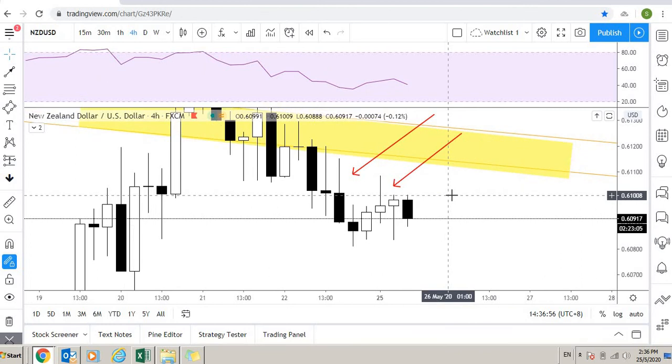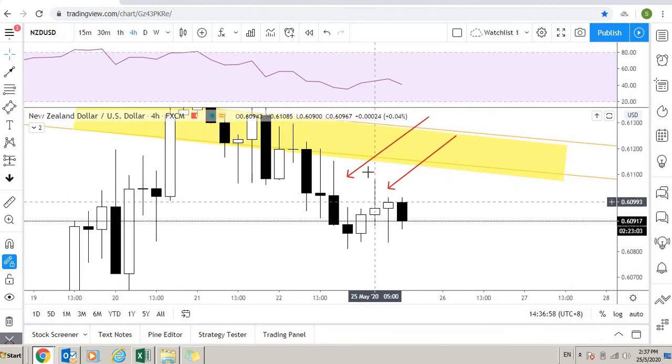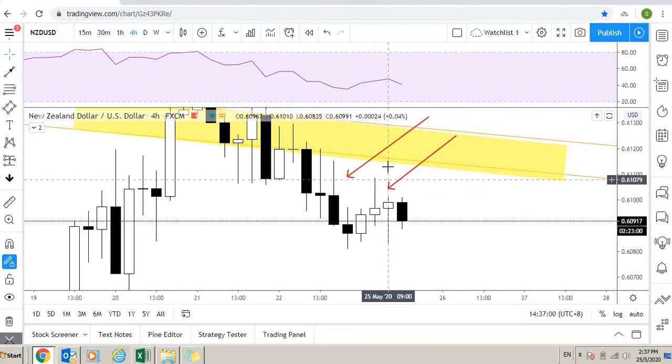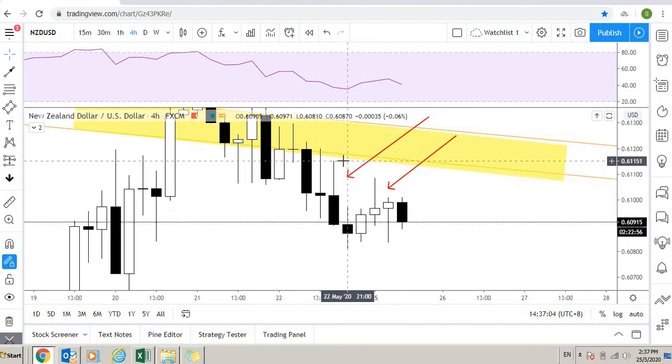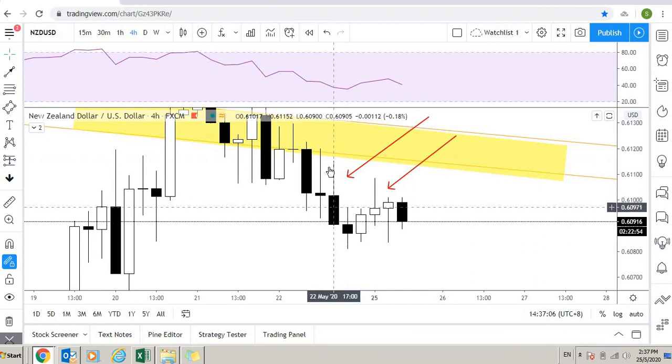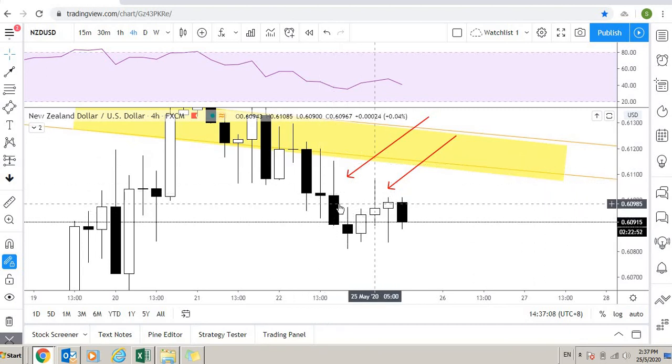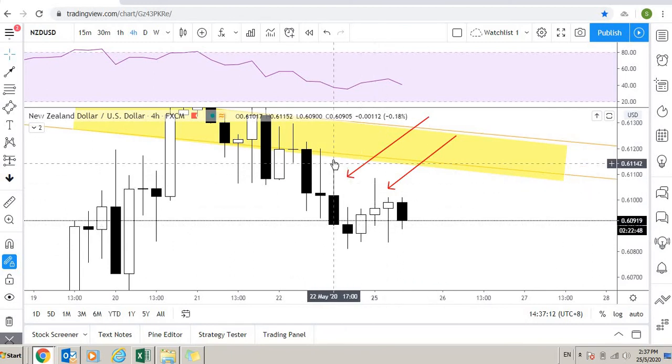So you have two choices. First, you enter based on this and your stop loss is placed above this. Second, you enter based on this, and your stop loss is placed above this. But because this bearish bar is more obvious than this one, I will suggest you use this bar as your entry signal.